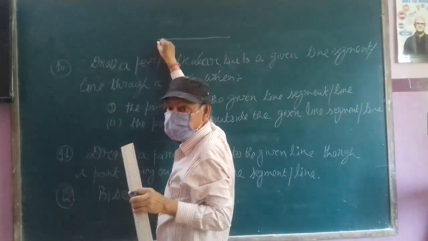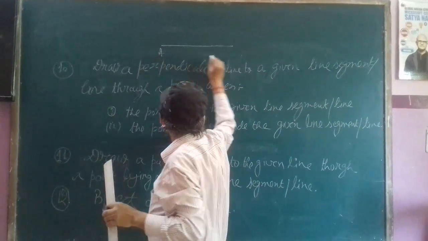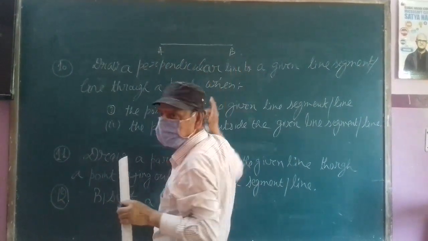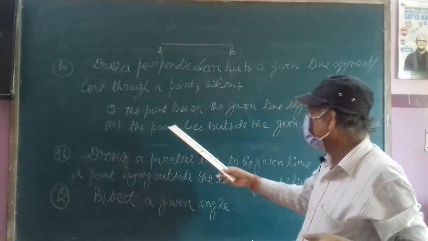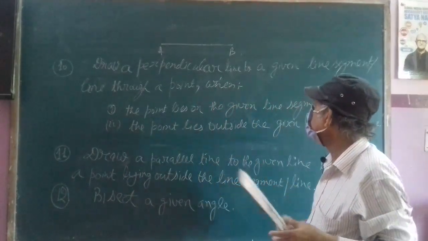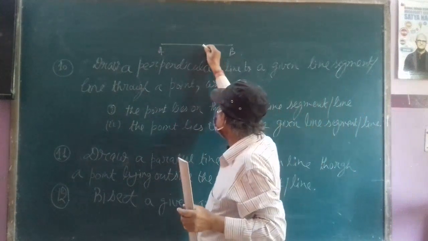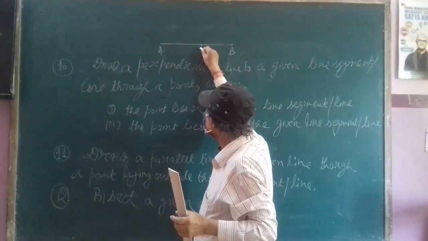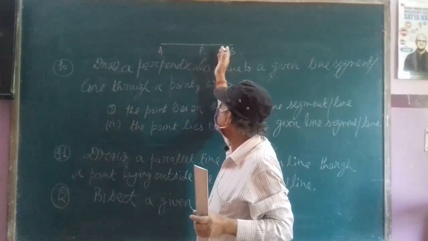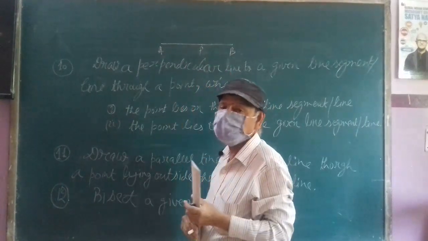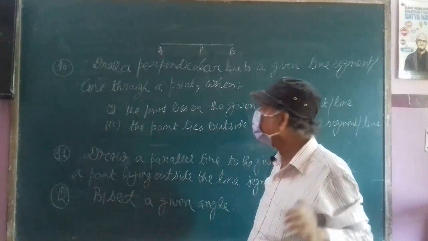I think it is visible to you. Now look, the point lies on the given line. So let the name of the point be P, and here is the point P. You may take it anywhere, but it should lie on the line segment or the line.